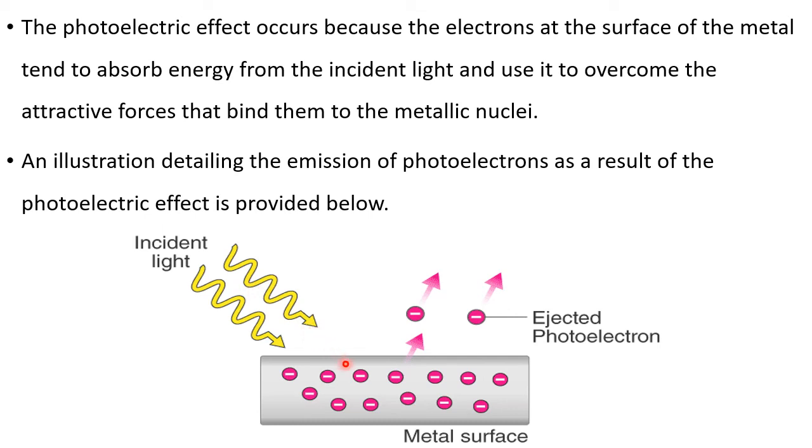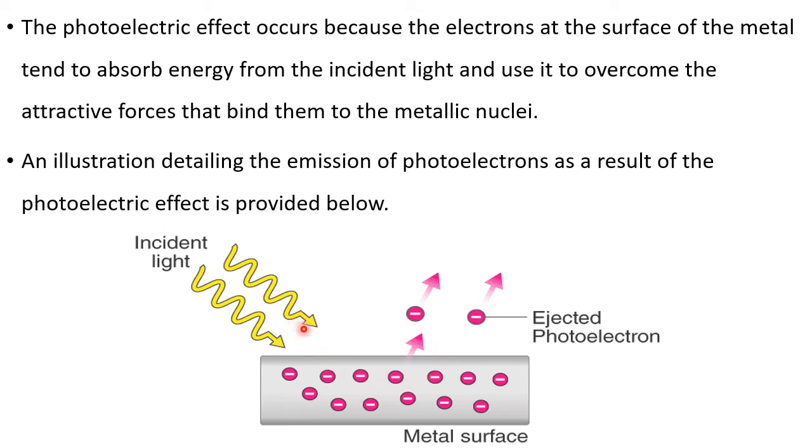Then these electrons get energy, so they become more active in such a way that the attractive force between the electron and the nuclei in that metal weakens and the bond breaks, the attachment breaks, the affinity breaks between the electron and the nucleus of that atom, and electrons are made free, and those electrons come out of the surface. This can be detected by a device, so you can easily identify the movement of electrons. So to eject these electrons we require light of a frequency which is more than this.